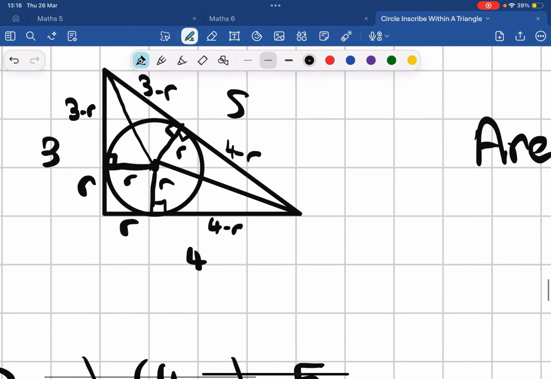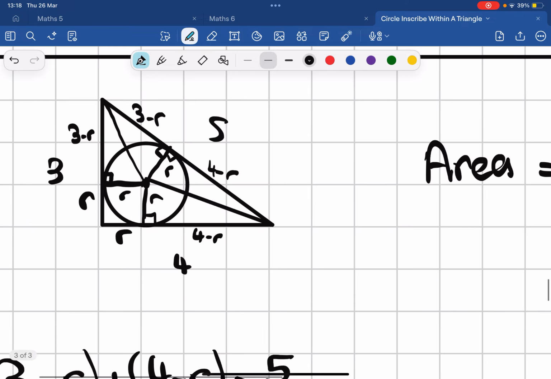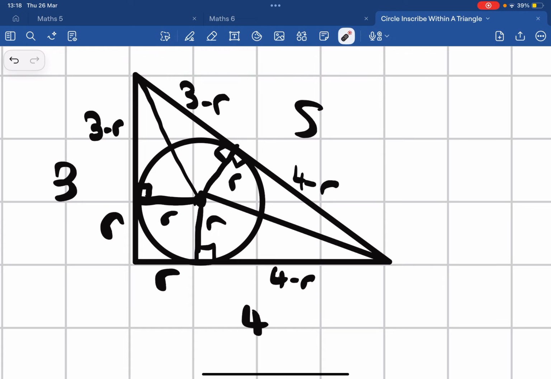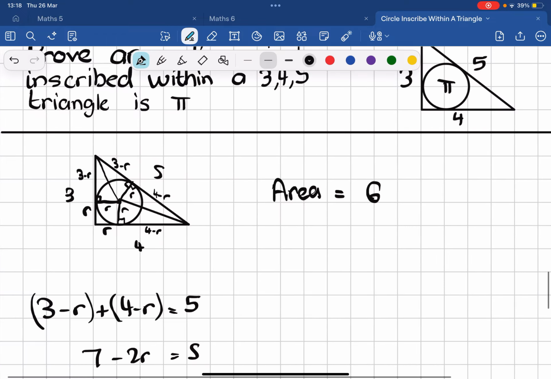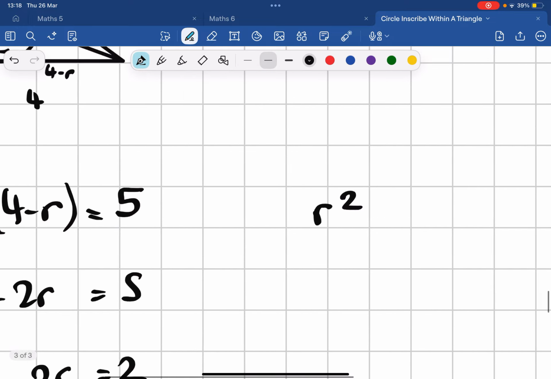We can use the idea that the area of this whole triangle is 6. We can also form the area of this triangle using all these mini triangles and 1 square. So let's go ahead and do that. We have r squared here.